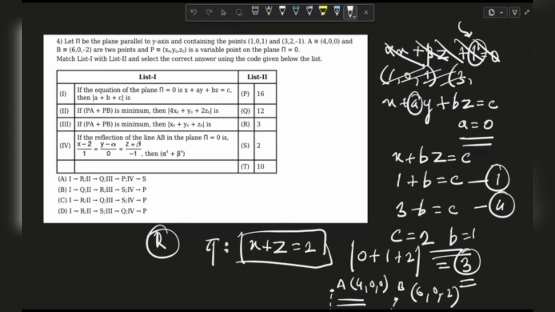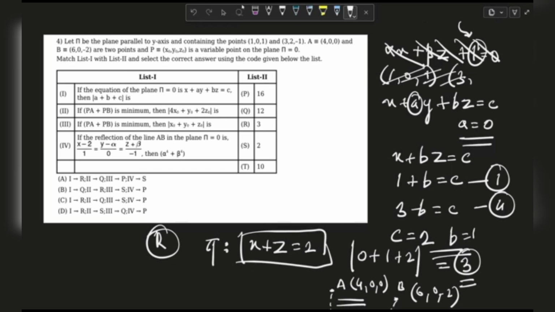So we can simply take any point. For example, we have A dash ready with us, so we can take A dash only, because A dash will obviously lie on this expression for the reflection, right? Because A is reflected on plane pi equal to 0, and then we get A dash. So if A dash satisfies this equation, it will work.